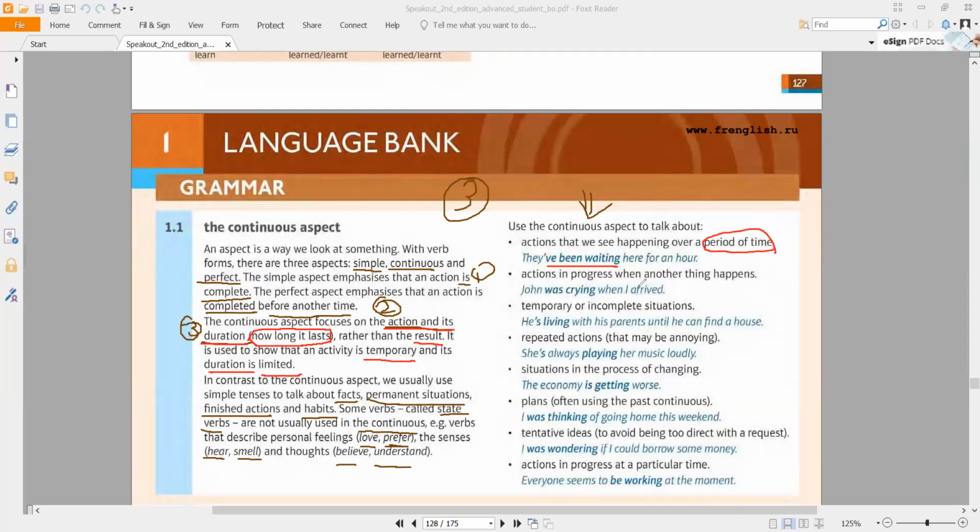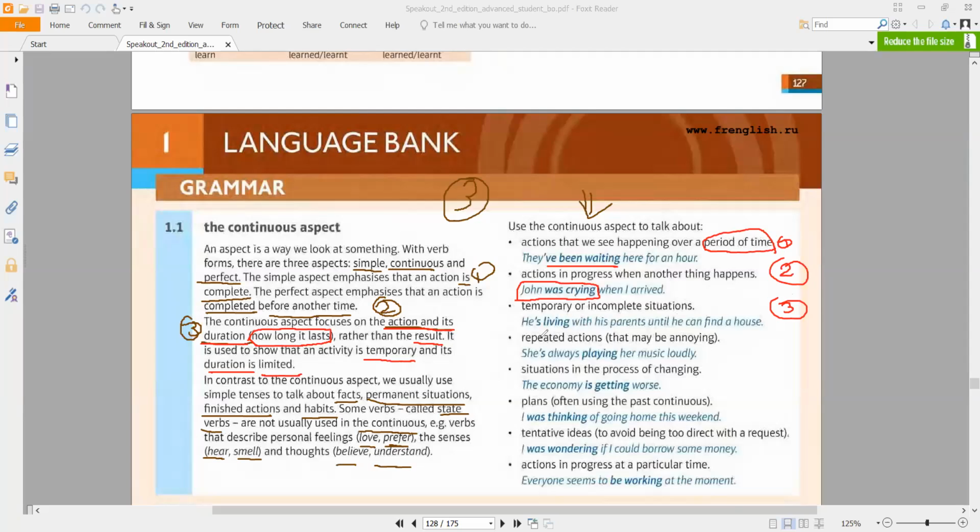Action in progress when another thing happens. Yes, the past continuous. John was crying when I arrived. I arrived and John was crying. So this is 1, this is 2. Temporary or incomplete situation: definitely the present continuous.